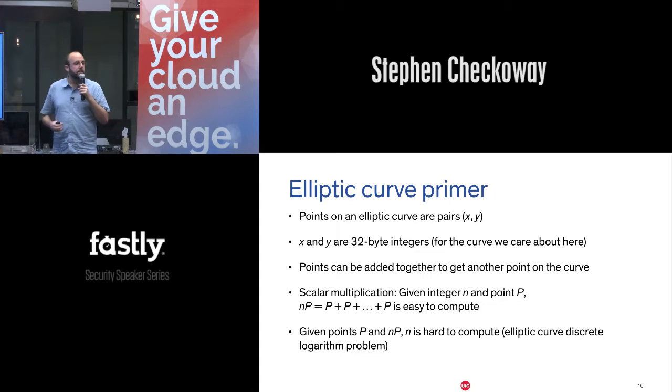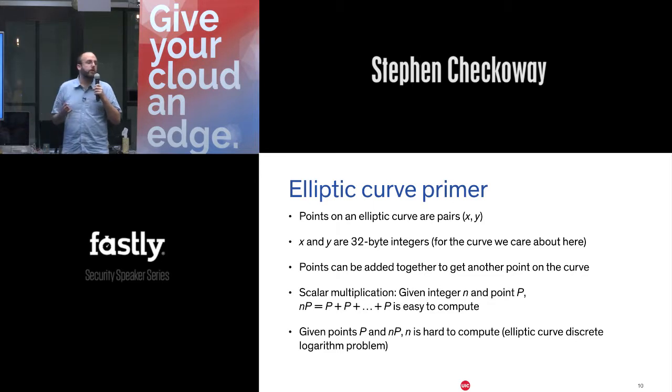And the key to this whole work is that given points p and np, it is computationally difficult to recover n. This is the elliptic curve discrete logarithm problem, and it is believed to be intractable. In fact, for many specific curves, we don't have any idea how to do this. And in general, we don't have a great idea of how to do this, at least not in sub-exponential time.